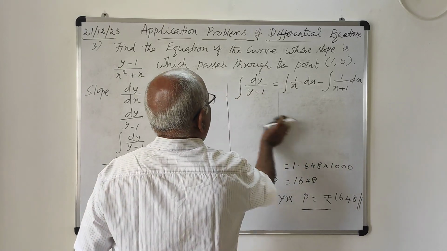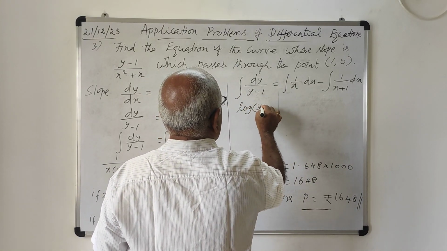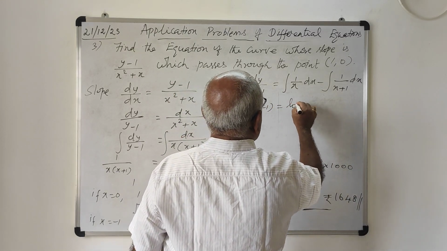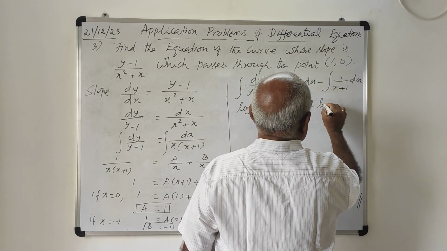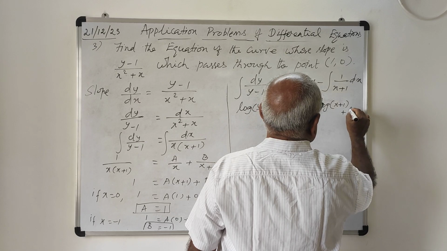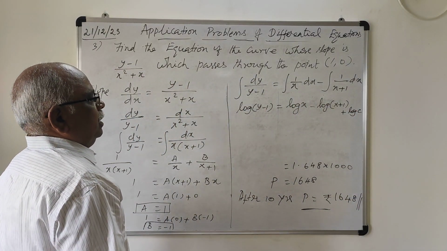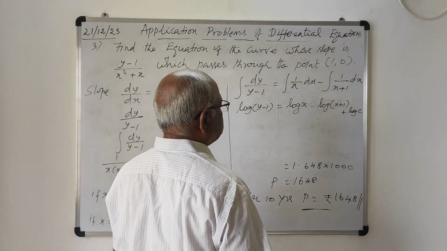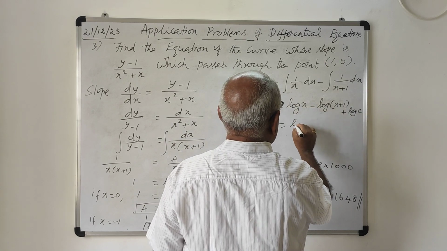So now by the integration formula, the integral of 1 by (y minus 1) is log of (y minus 1), equal to the integral of 1 by x which is log x, minus the integral of 1 by (x plus 1) which is log (x plus 1), plus log c. Integrating constant can also be considered as log c. This is log m plus log n, log cx.